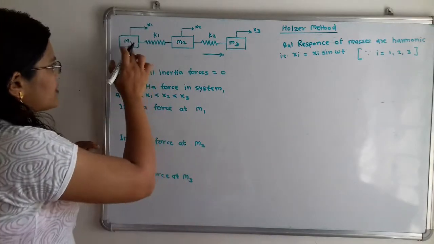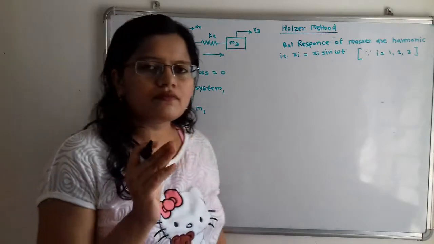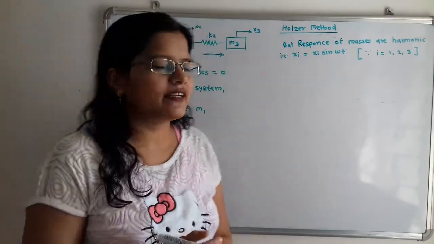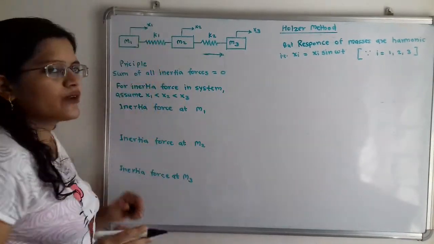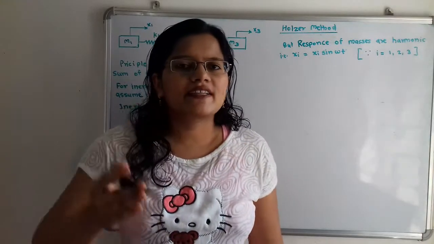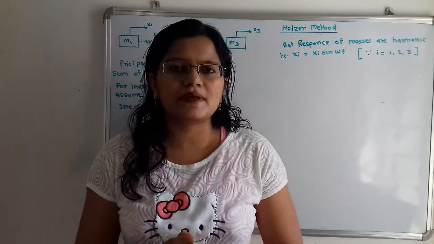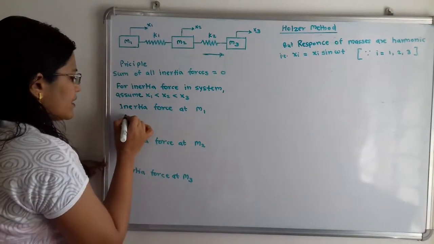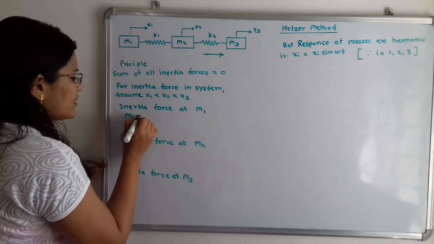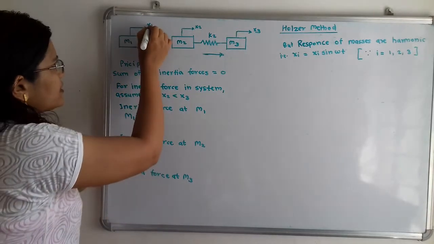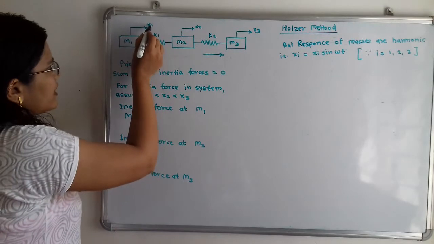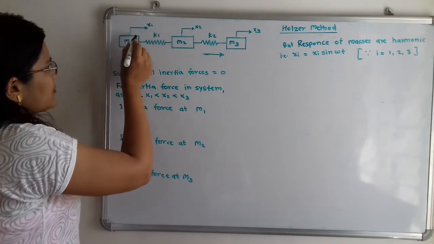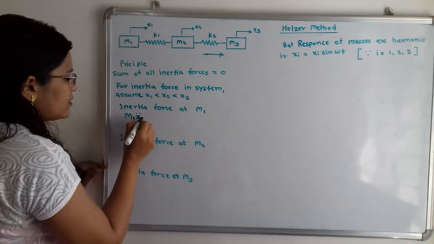What is the inertia force? That is m1 x double dot, where x is the displacement. So we have to take the double derivative of this displacement x. We write here inertia force m1 x double dot, and instead of x we write x1 because the displacement of m1 is x1.